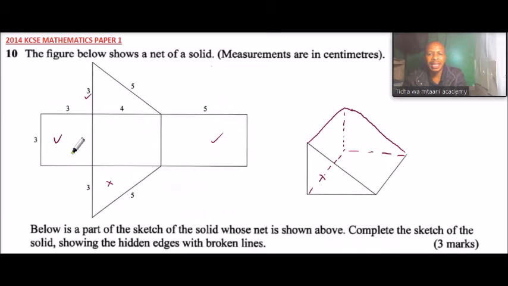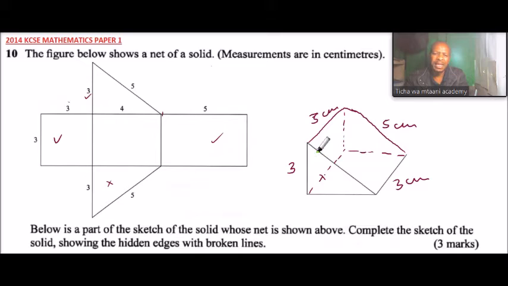So this means that because this is taking this side, the height here is 3 centimeter. This is 3, that is 3 centimeter, and this side is the one lying here, so it is 5 centimeter, the same as this one. This is 3 centimeter. So that is the solid that is to be formed by this net. So we can complete that the way we have done.